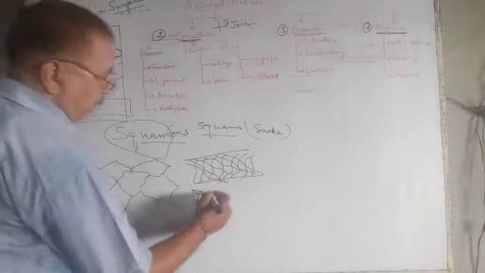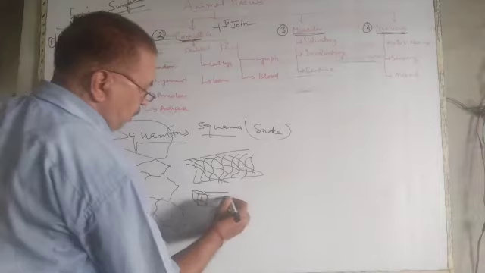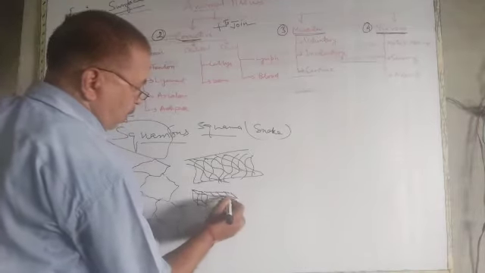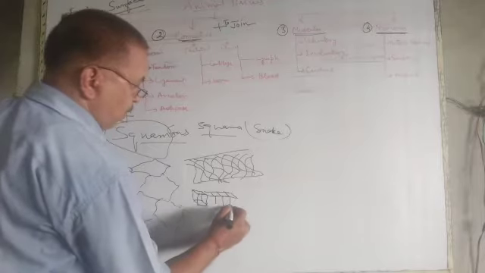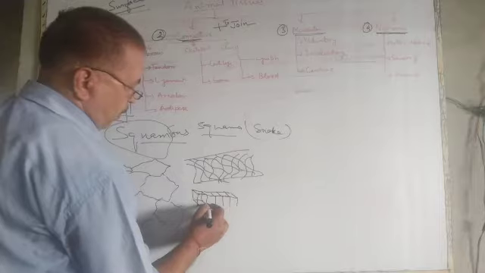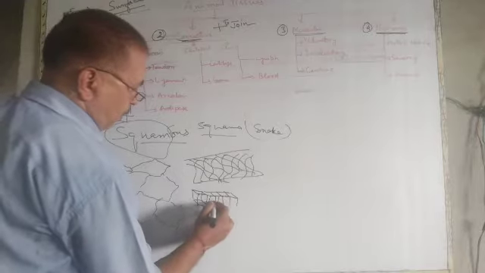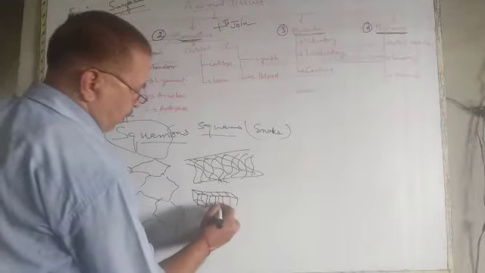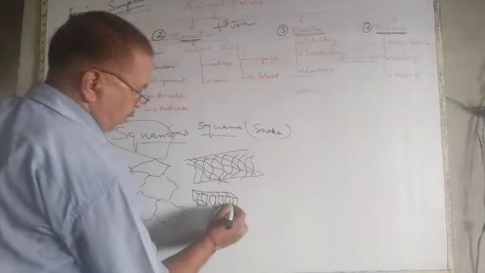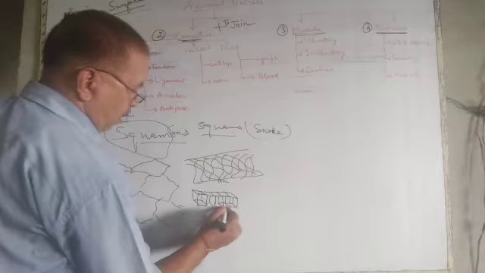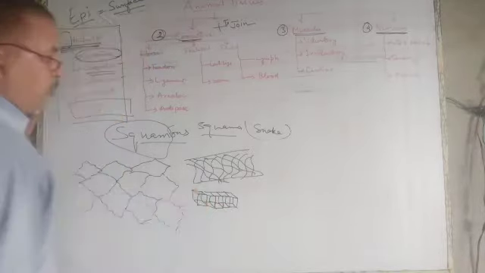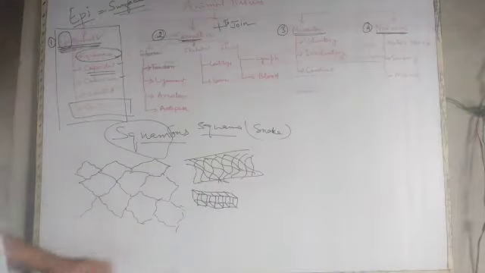So the cells are arranged like this, like bricks.